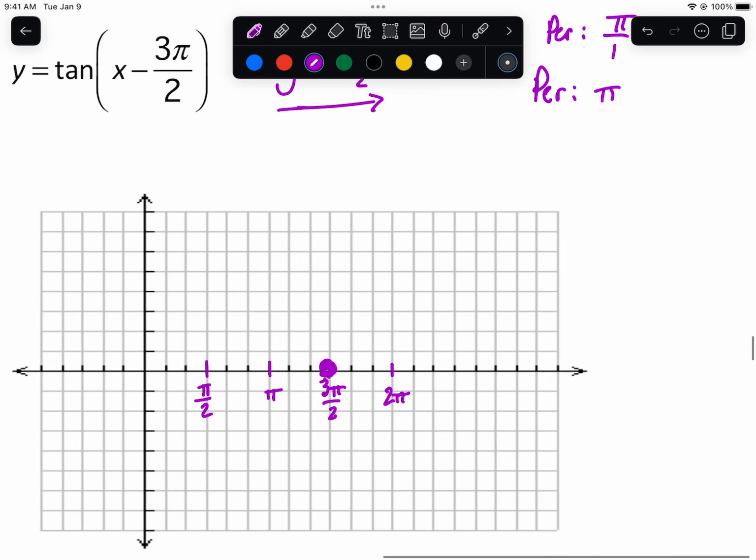Now the period being pi, pi should be 6 ticks wide right here. So that means 6 units from that starting point, you'll put another point as a 0. And I can go 3 to the left here and put a point there at pi over 2. Halfway between those, you put your vertical asymptotes.